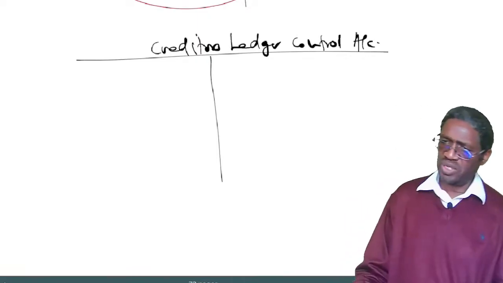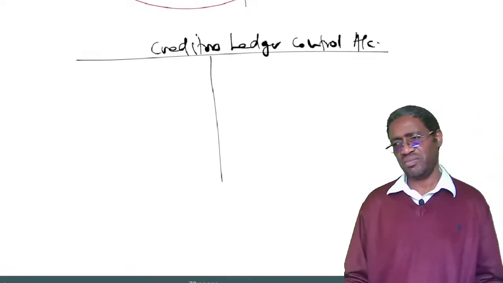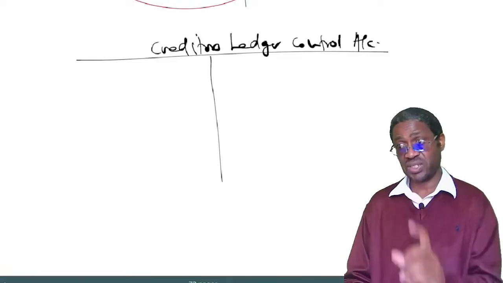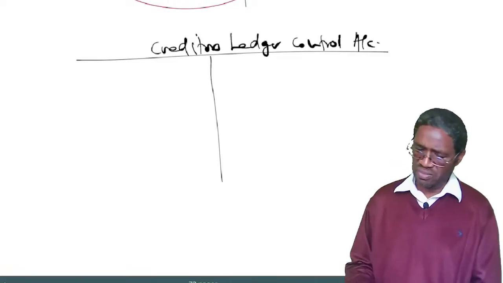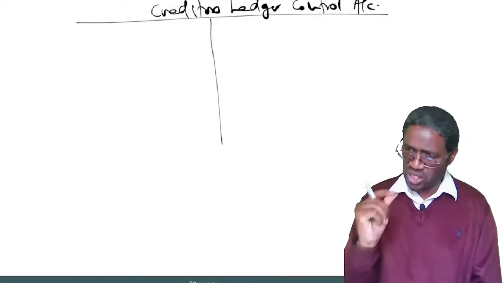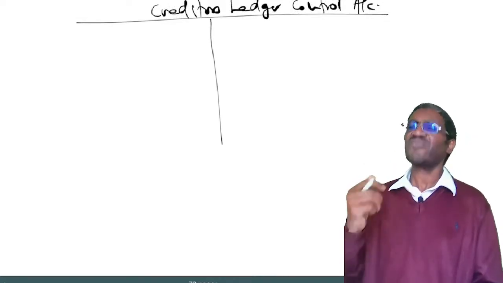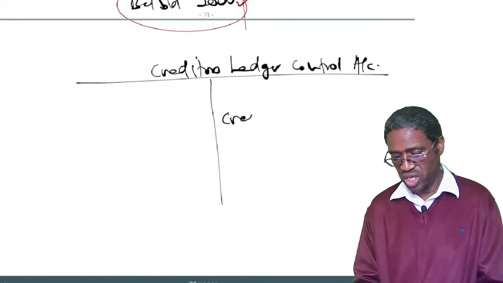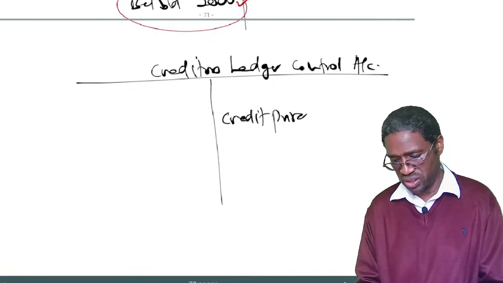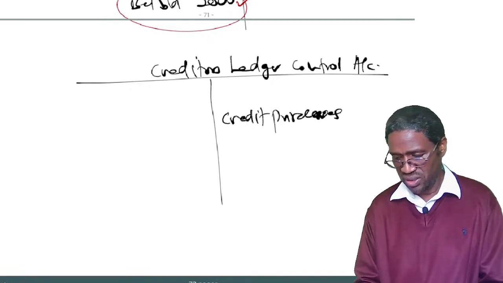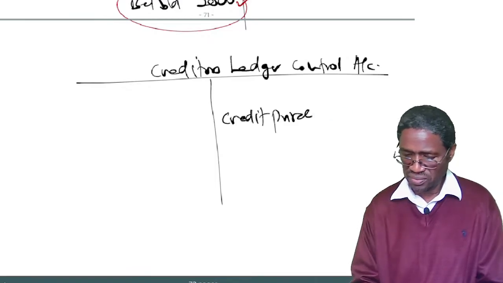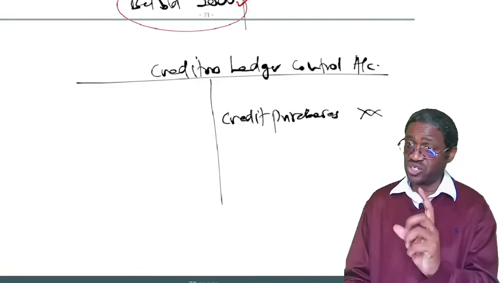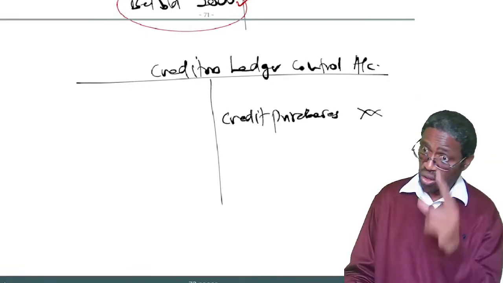One time, let me go through again the transactions. You purchased goods from your suppliers. When you purchase goods from them, you must have debited purchases and credited creditors to increase what you owe to them. So credit purchases was the entry you made, only credit.